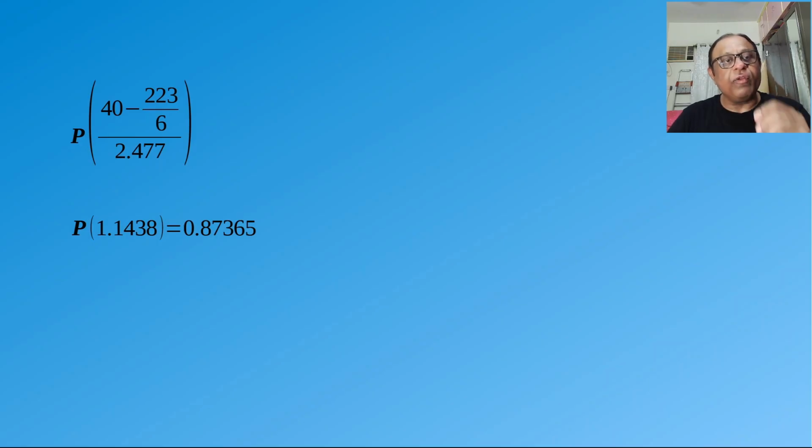Right? So if you look up the Z tables, the probability of 0 is going to be 0.5. What does that mean? That means that the probability that you will complete it in 37.167 weeks is 50%.